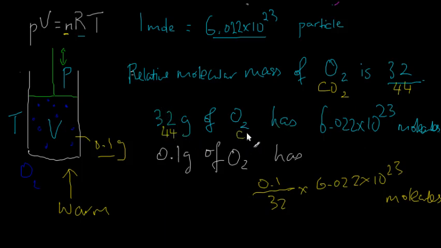Instead of O2, if I have CO2, then 44 grams of CO2 will have the same number of molecules. And if I want to find 0.1 gram of CO2, then I would have to change that number from 32 to 44.